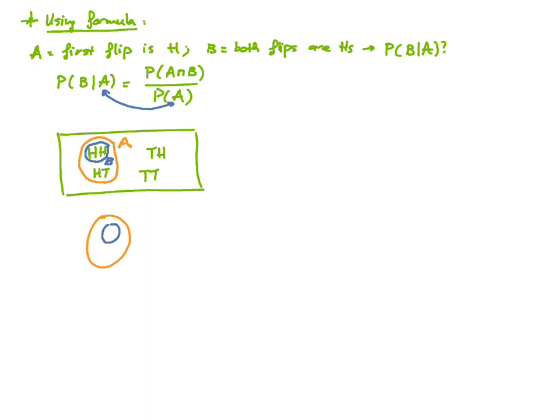So the intersection is the part where both have in common, which means that the intersection is precisely the small circle. So in this case, the intersection of A and B has one sample point.